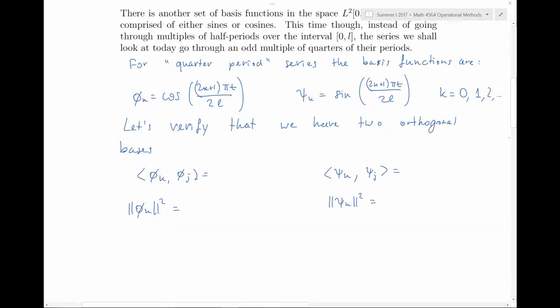So let's write it all down. These inner products are always going to be 0 if k is not equal to j. And the norms squared are always L over 2.